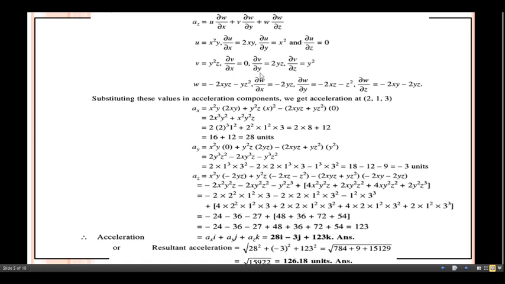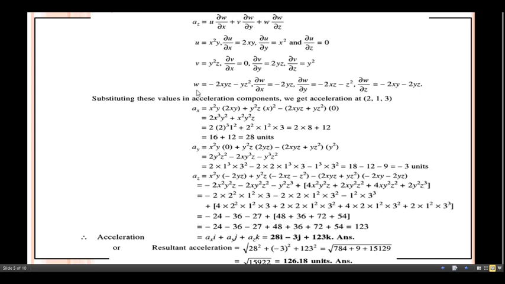So dabba v by dabba y equals, what about this one, 2yz. Next one, dabba v by dabba z. You should differentiate this one with respect to z, and the derivative of z is nothing but 1, so y square will only remain here.